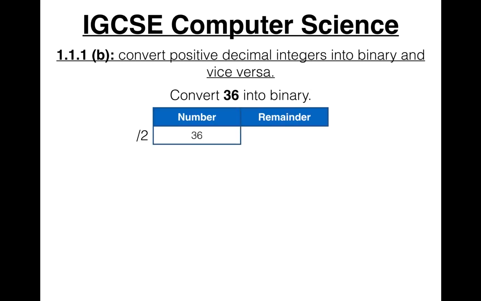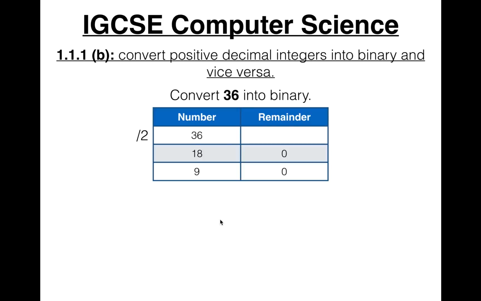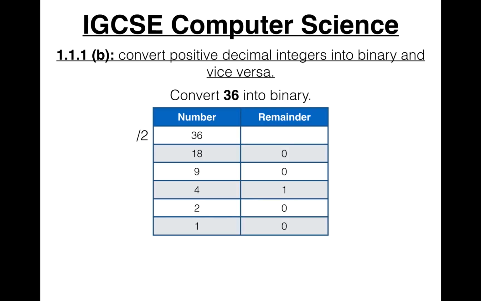So 36 divided by 2 would give us 18 with a remainder of 0. 18 divided by 2 would give us 9 with a remainder of 0. 9 divided by 2 would give us 4, remainder 1. 4 divided by 2 would give us 2, remainder 0. And 2 divided by 2 would give us 1, remainder 0. And 1 divided by 2 would finally give us 0, remainder 1.